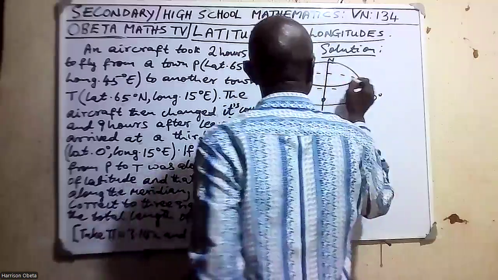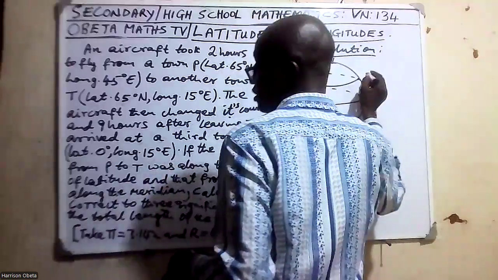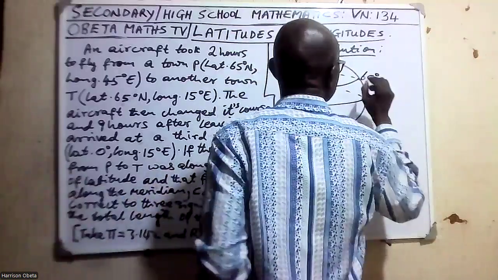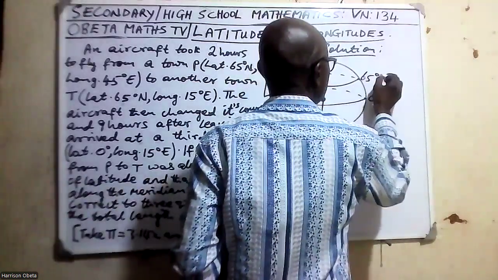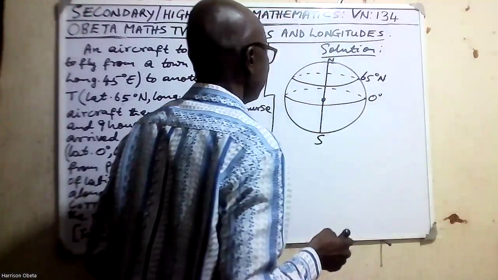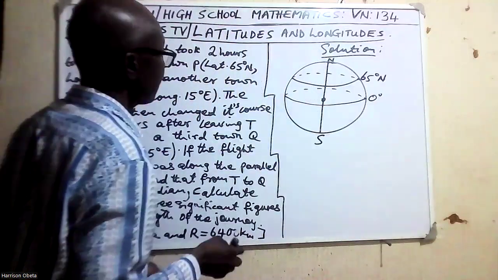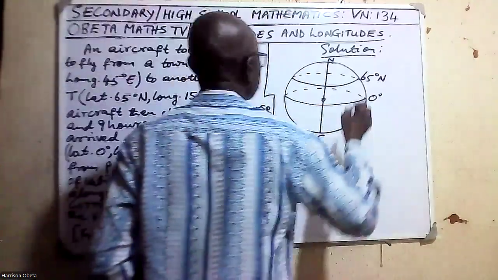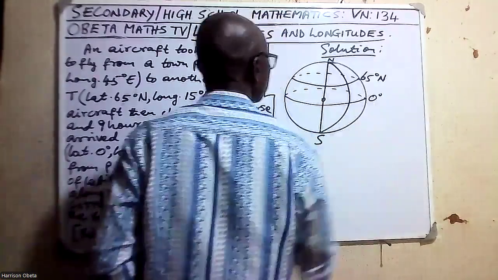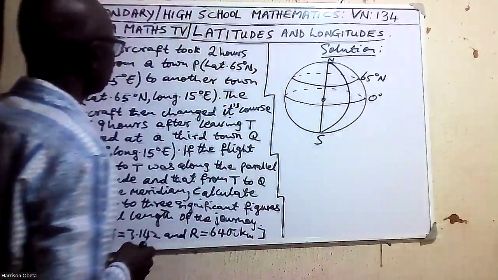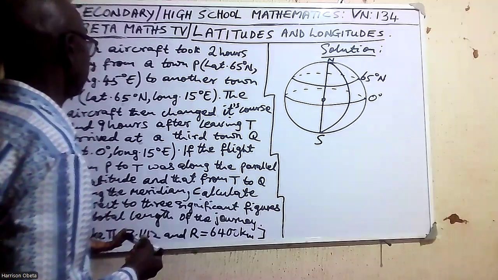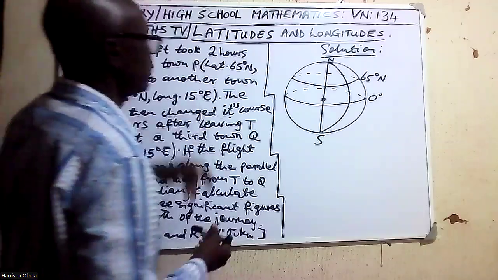And then this is 65 degrees north, and then 45 degrees east. Then to another town, T, 65 degrees, that means the same latitude, but longitude 15 degrees.